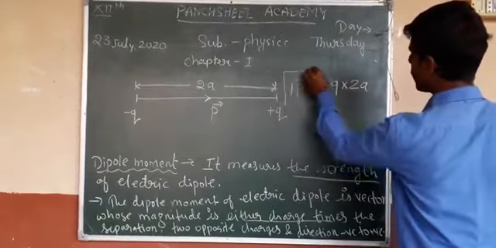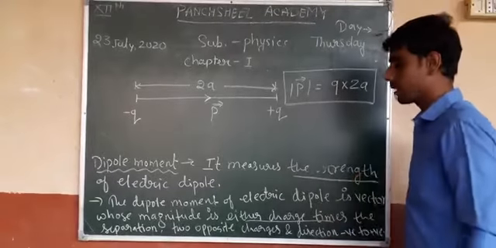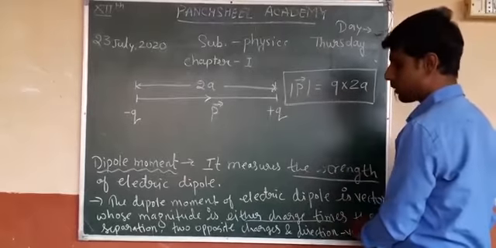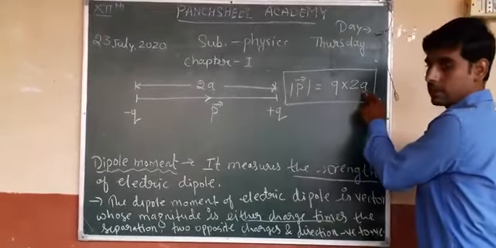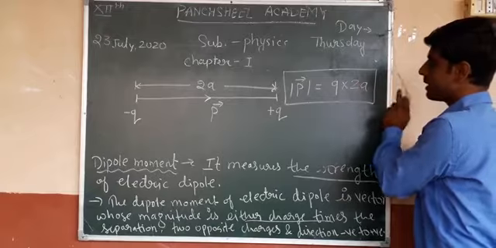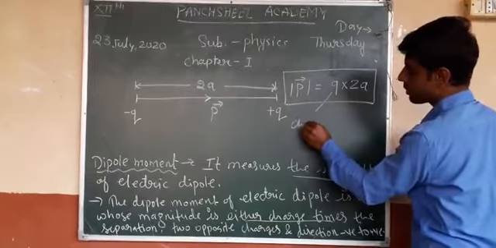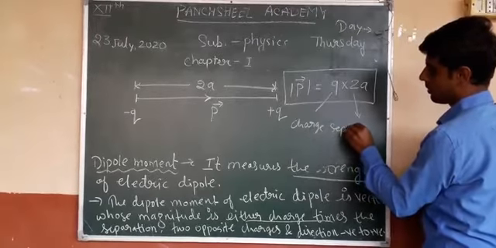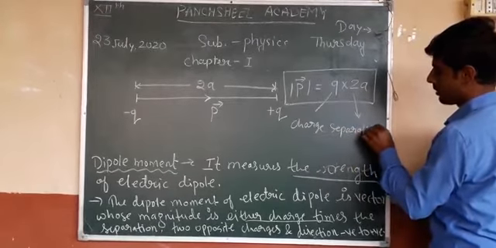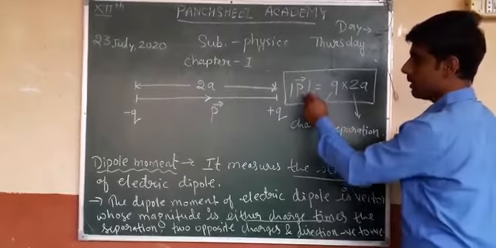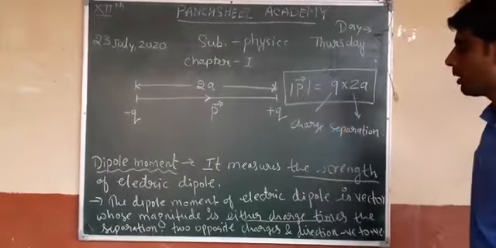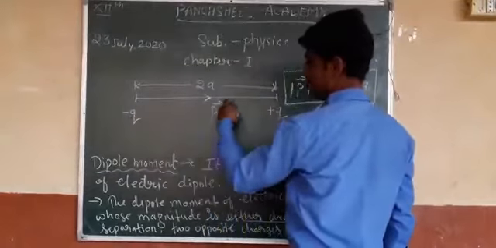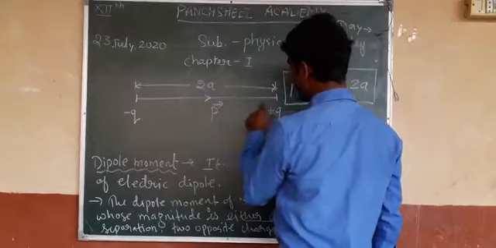This is the magnitude of the electric dipole moment: either charge, positive or negative, times 2a, where 2a is the separation. So this is the electric dipole moment, and the direction is from minus q to plus q.